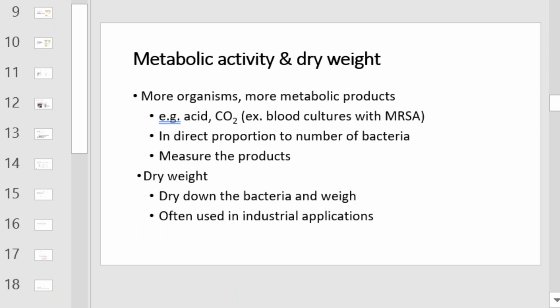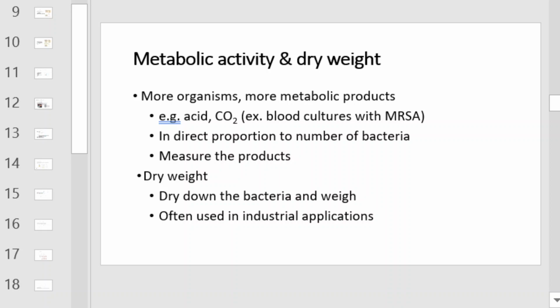Metabolic activity and dry weight. More organisms equal more metabolic products. As an example, we might see acids or carbon dioxide produced in larger and larger quantities as the number of organisms increases. In direct proportion to the number of bacteria, these substances will go up.